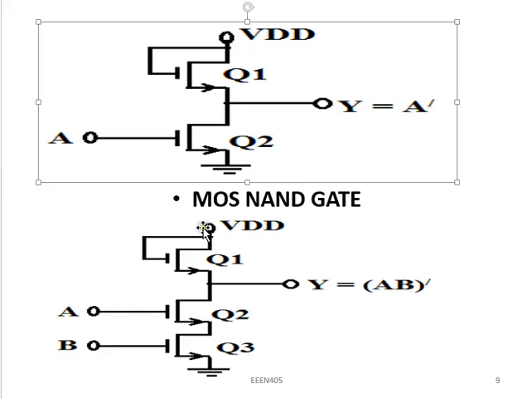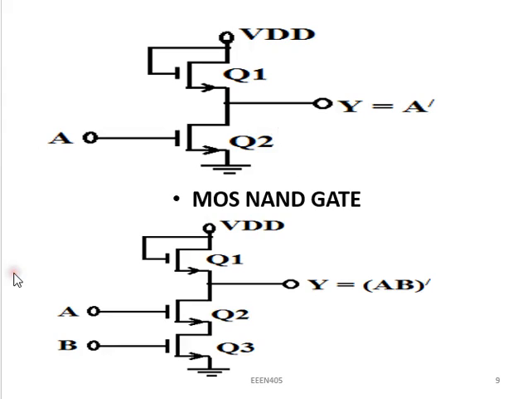Now the second example of this MOS family is the NAND gate, and it is fabricated like this. The first gate is used as current limiting resistor, and Q2 and Q3 are our active transistors. Now let us start with the condition that both A and B are low.